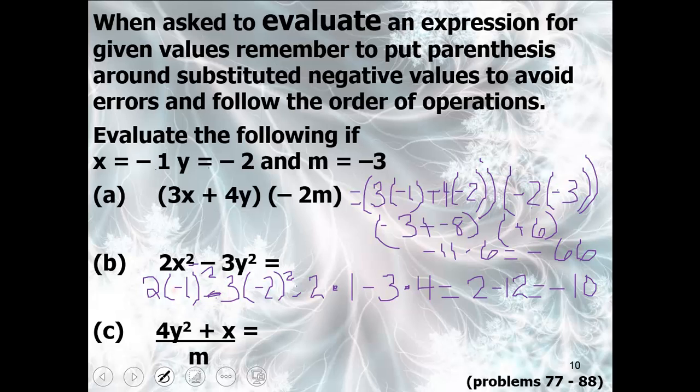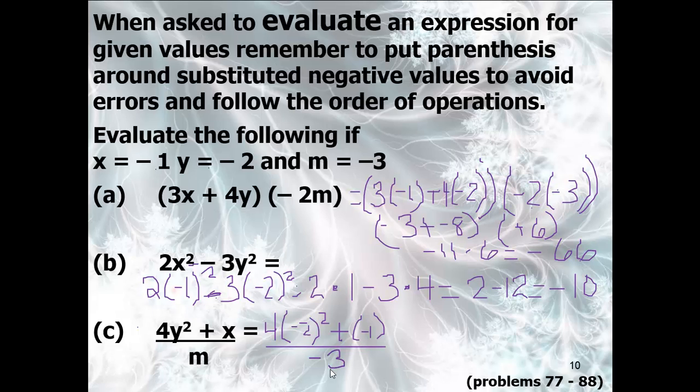Four times y squared plus x divided by m. All right, so we're going to plug in. We're going to simplify the top, then simplify the bottom, and then reduce at the very end. So I have 4 times negative 2 squared plus a negative 1 over, and it's just negative 3.